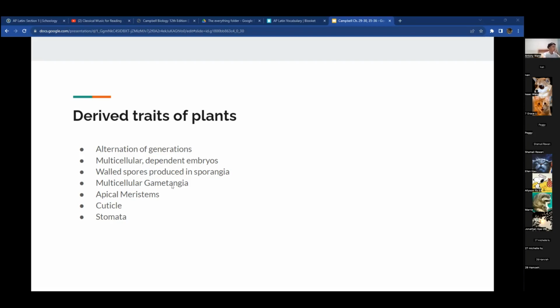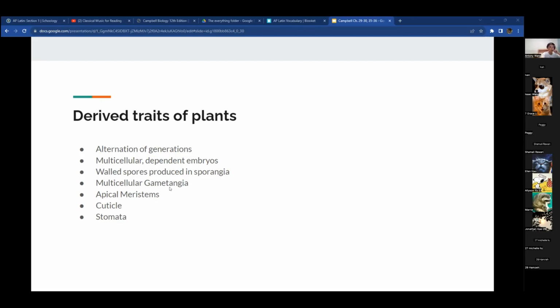They have multicellular gametangia. These are multicellular structures that produce the gametes. The gametes are haploid, which fuse to form the sporophyte, which is the diploid form in the alternation of generation.